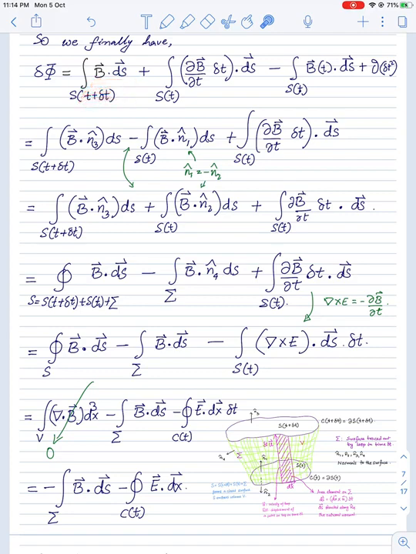So here, as you can see, there's this integral of the magnetic field over this surface. Basically, the normal to the surface is denoted by n3. Again, the normal can be different at different places. Doesn't matter. I'm just schematically denoting it by n3. So this is the normal to this surface, S at t plus delta t. So this will be B dot this normal.